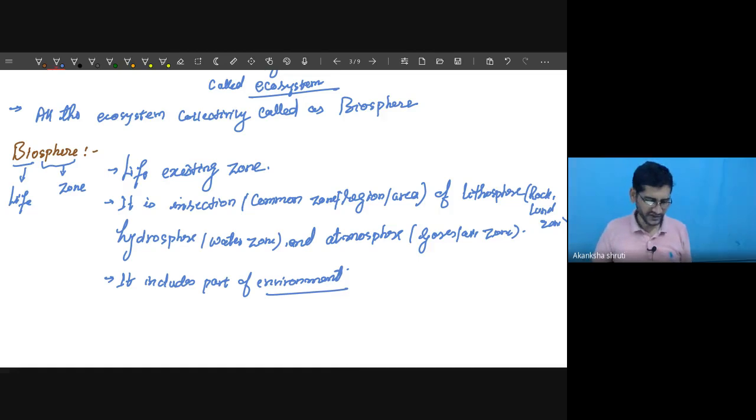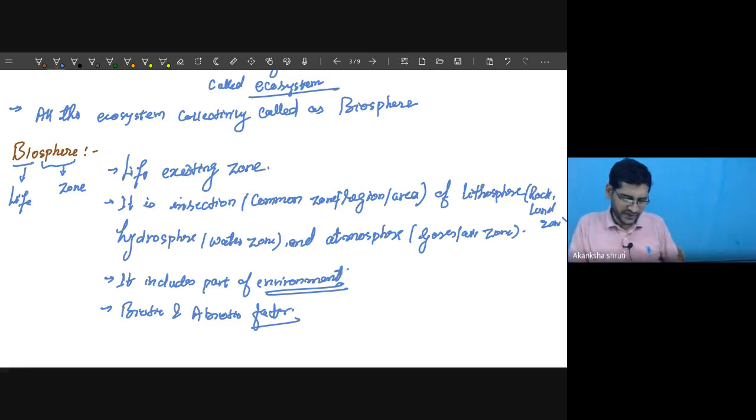Okay, it is this one. Means it has both biotic and abiotic factors, like environment. Whatever we are calling environment is sometimes also called as biosphere.